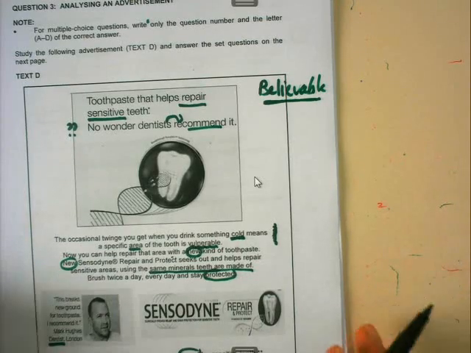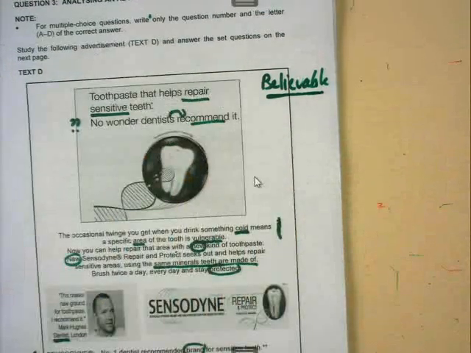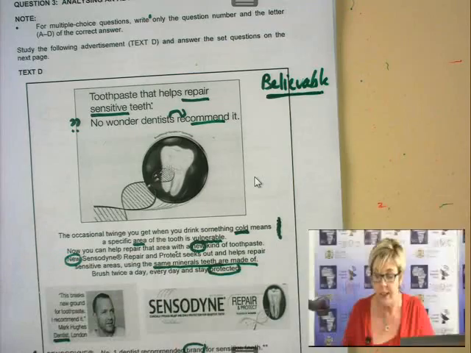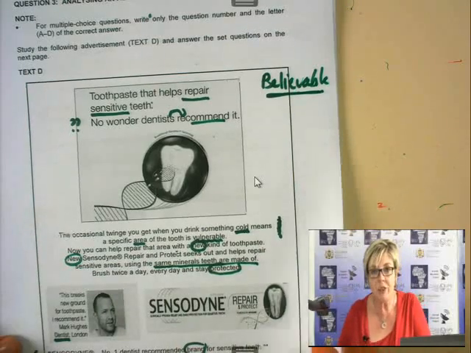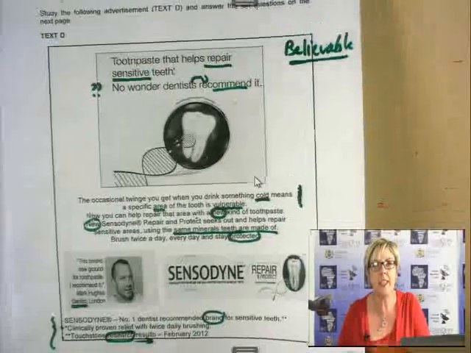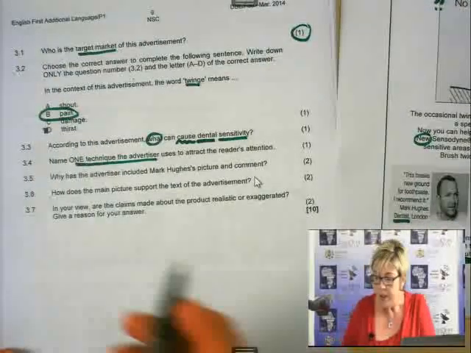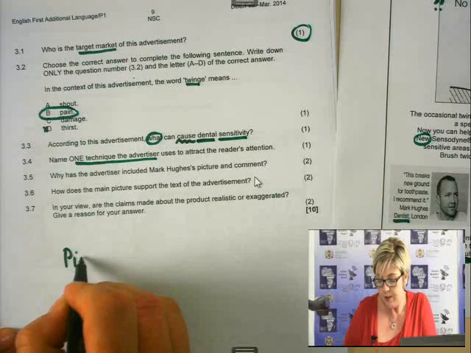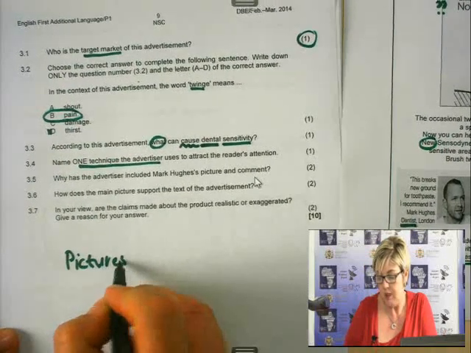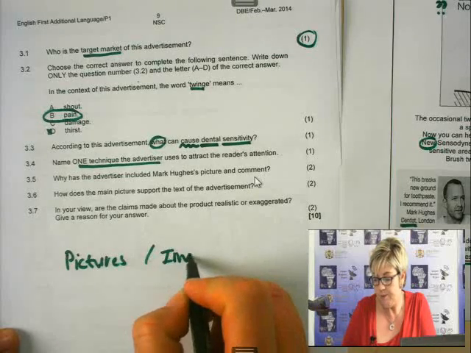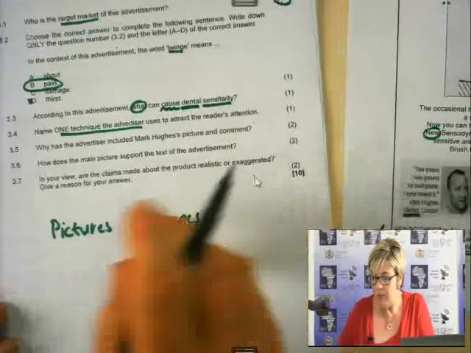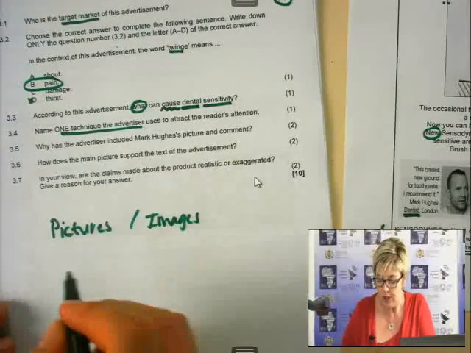But remember, you're going to get a question paper that looks like this. It's black and white, so you can't write down color. Okay, remember that, because I can't see any color here. So the first thing, the advertising techniques, that means things that draw your attention. That will normally be pictures or images, any visual thing like a picture.